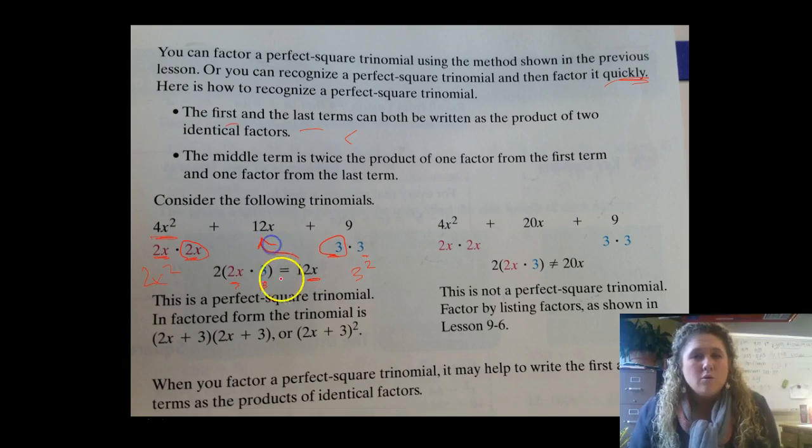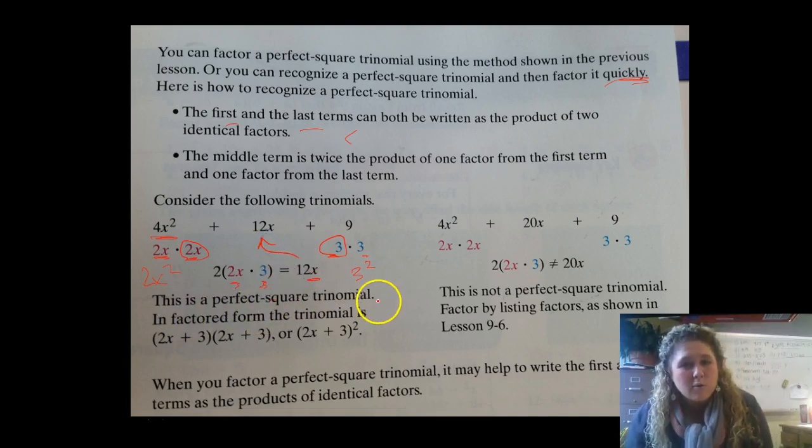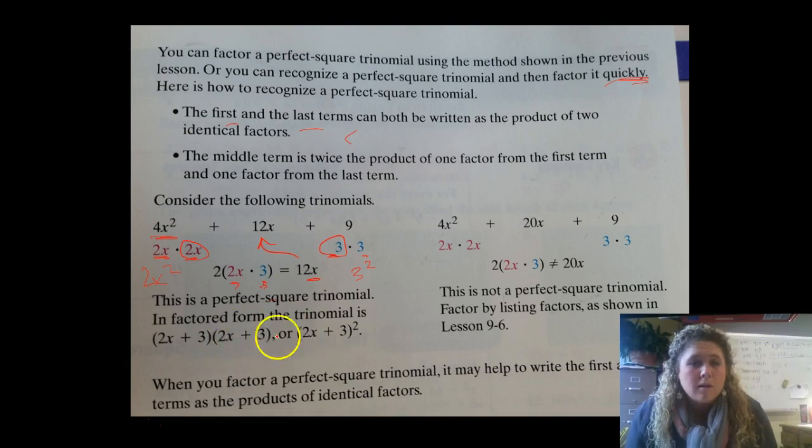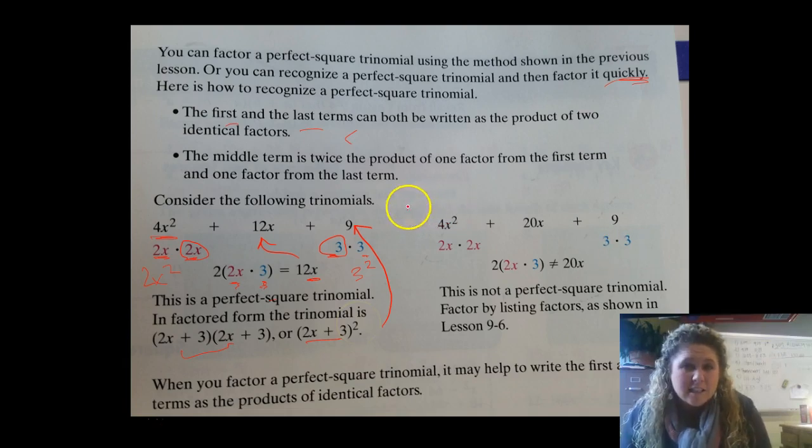So we know that this is a perfect square trinomial, because we can write this in the factored form and get this. When we FOIL that back out, we're going to get what I started with, 4x squared plus 12x plus 9.